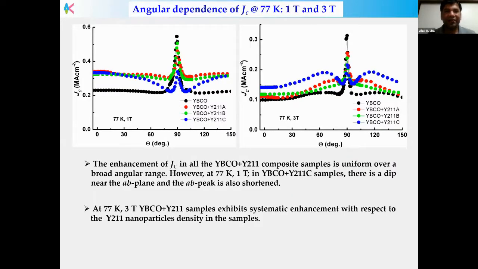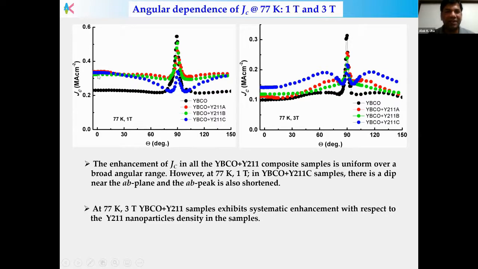These are the angular variations of critical current density at different magnetic fields. So this is at 77K, 1 Tesla and 77K, 3 Tesla, and JC as a function of theta.